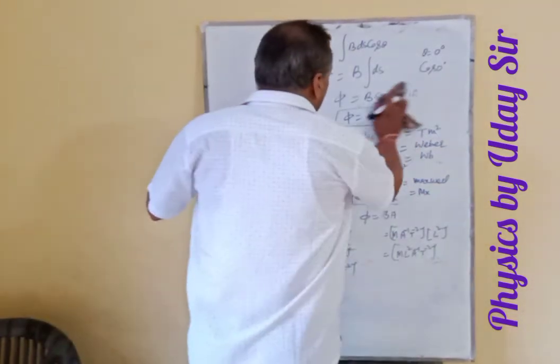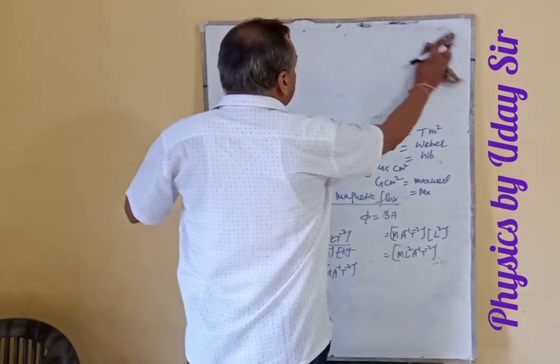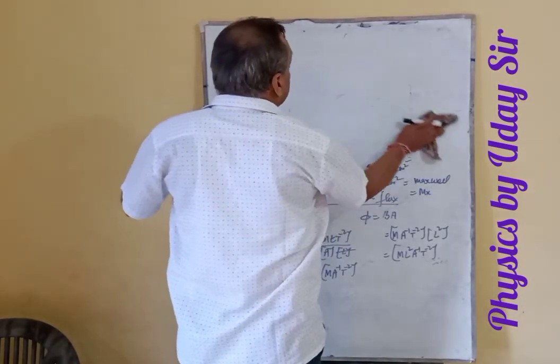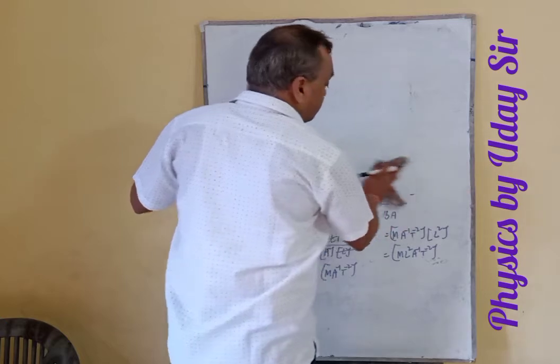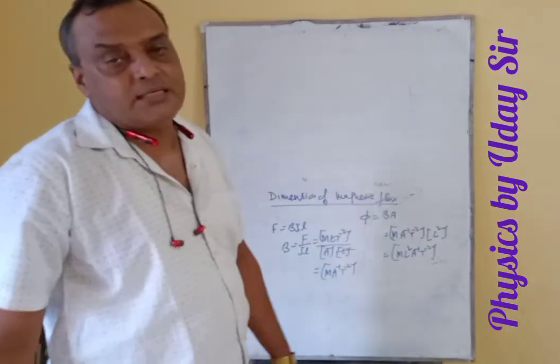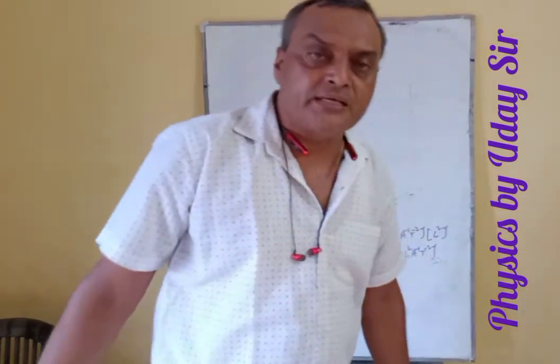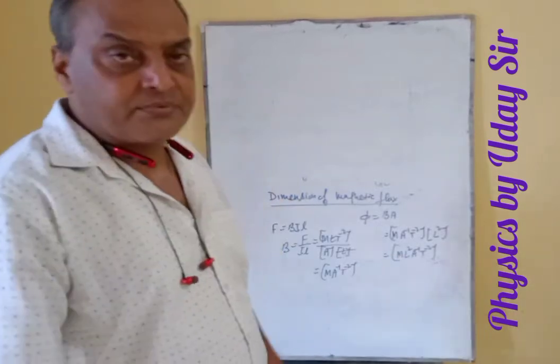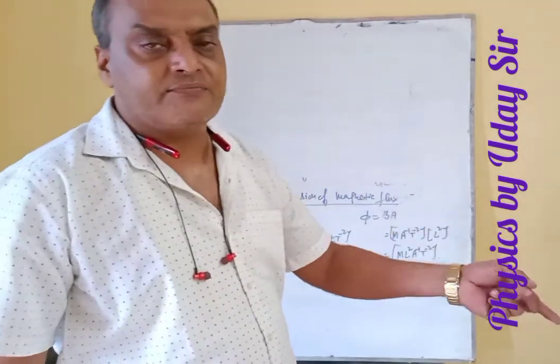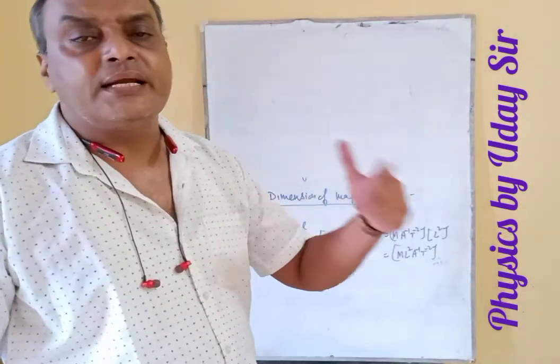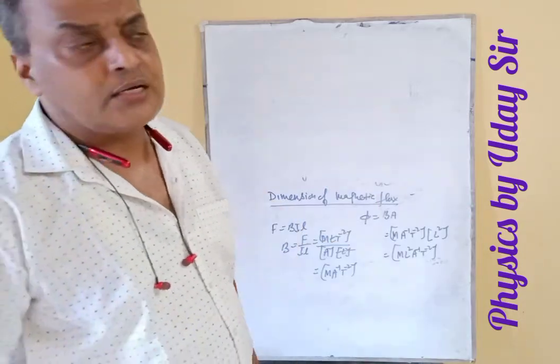Now see that change in magnetic flux induces EMF. That is EMI, in short form. So change in magnetic flux in a coil induces EMF or current.